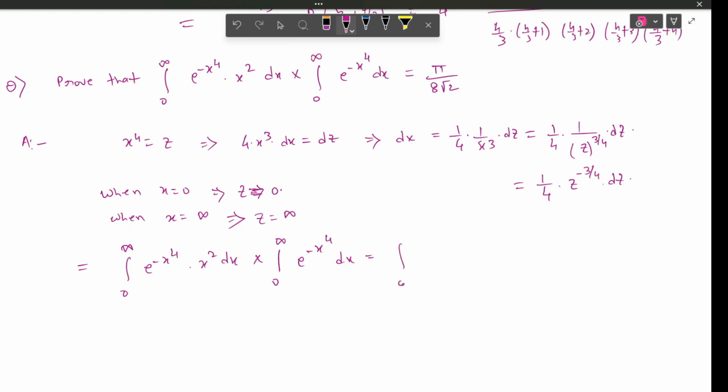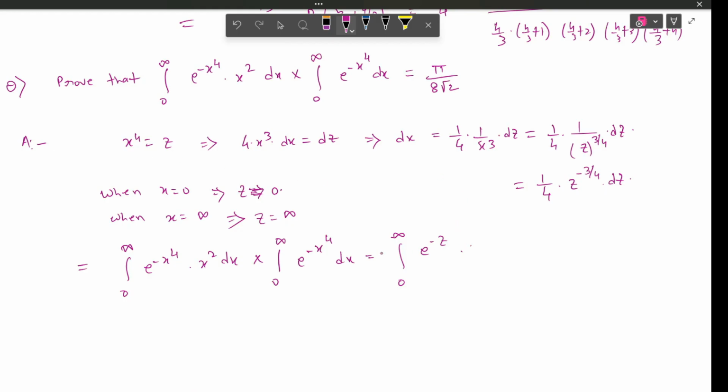So you can write it as 0 to infinity, x to the power 4 is z, so it should be e to the power minus z, and x square would be z to the power half, right? If you raise to the power half both the sides, you will get x square as z to the power half.